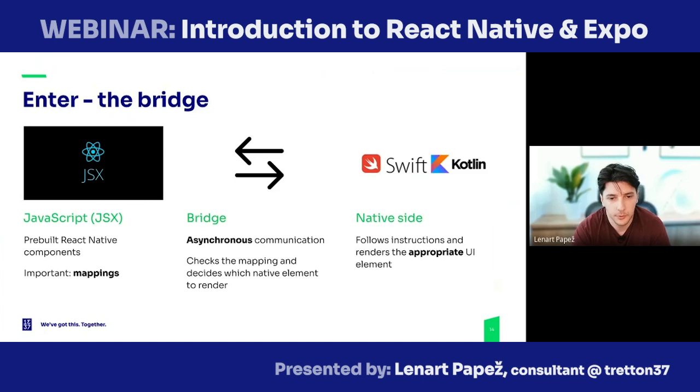and it works by asynchronous communication between the native side and the JavaScript side. React Native comes with a set of pre-built components that I've mentioned, and each of those components has some sort of predefined mappings and rules as to how they are going to be represented on the native side.